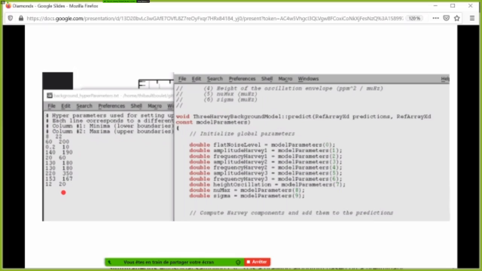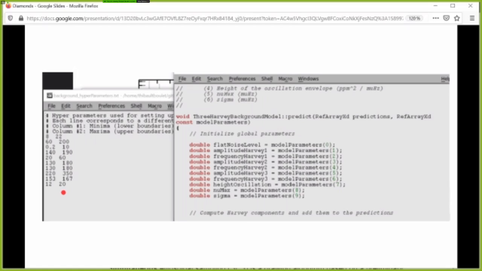Then I launch the code, and the Bayesian process with nested sampling is launched, so that at the end of my computation, I will have a totally new range for my priors, which will tell me what are the best ones for my model to fit the background of my power spectral density.